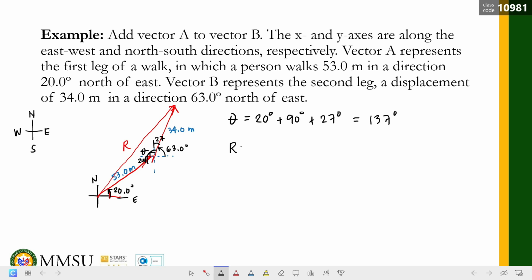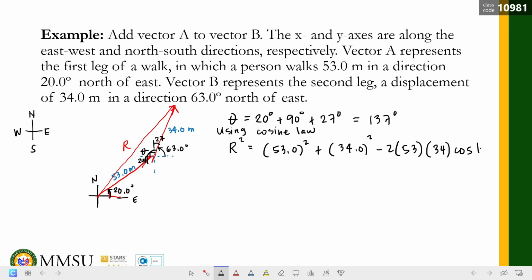Cosine law, so R squared is equal to, using cosine law, 53 squared plus 34 squared minus 2 times 53 times 34 times cosine of 137 degrees.